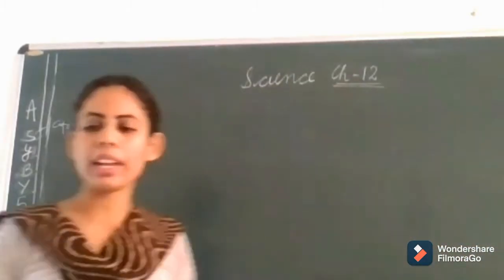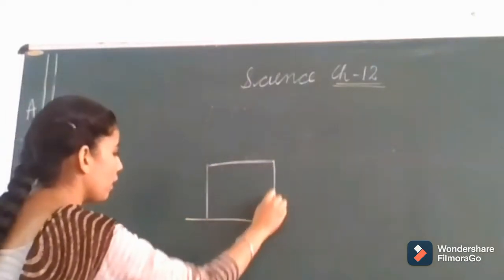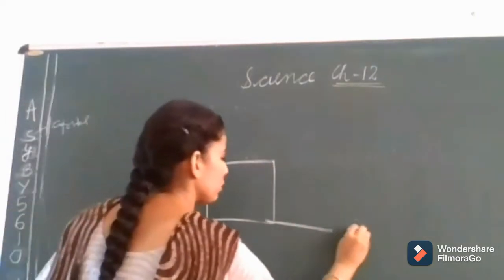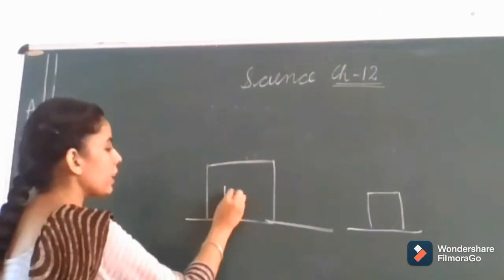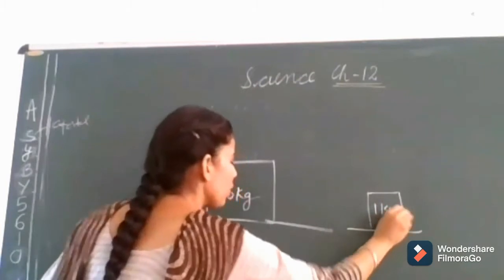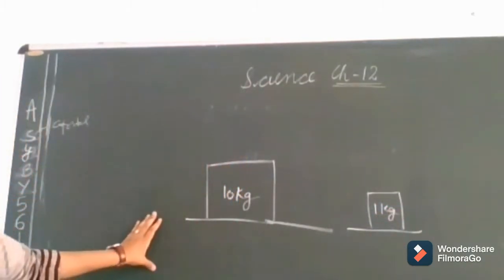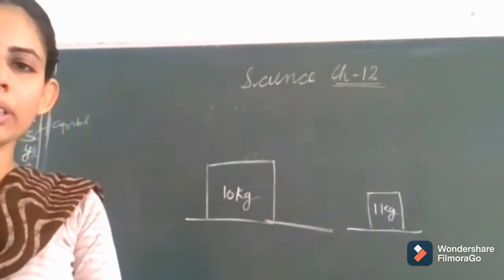If there is a surface, in which case suppose the object is of 10 kilogram, in which case there will be more friction? Can anyone tell me?